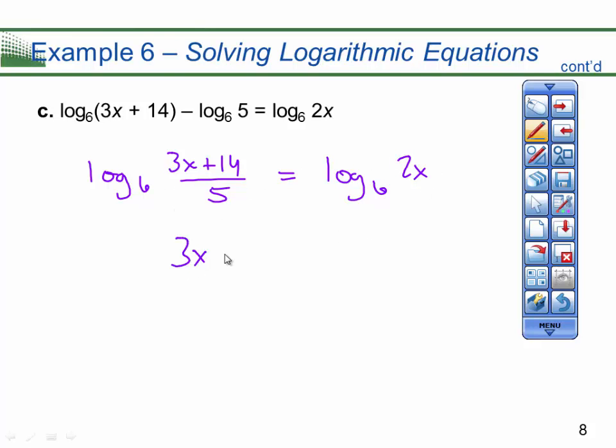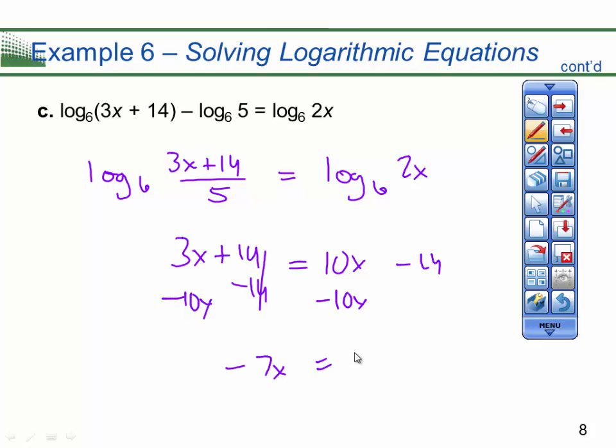So I know that 3x plus 14 over 5 has to be equal to 2x. And now I'd multiply both sides by 5 to make this 10x. And then I'd subtract 14 from both sides, and subtract 10x from both sides, and you get negative 7x equals negative 14, so x must be 2.